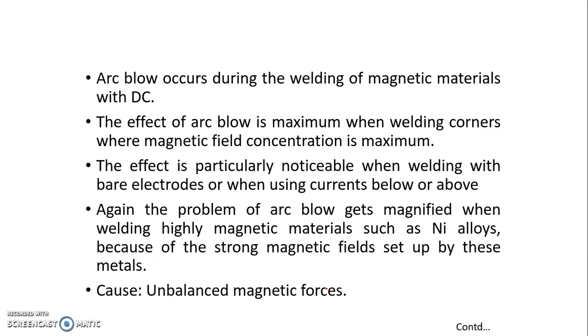Arc blow is the wandering arc that occurs during the welding of magnetic materials such as steel with a DC system, when the cross section of the metal being welded is not symmetrical about the electrode.